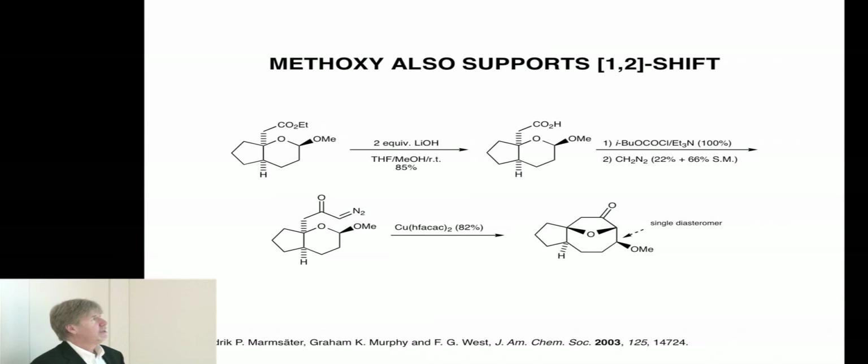We can also do the one smaller ring here, and now in this case we generate the metallocarbene, and we get 3 products out in significant amounts. These two you'll recognize just differ in the configuration at the sulfur substituted carbon.